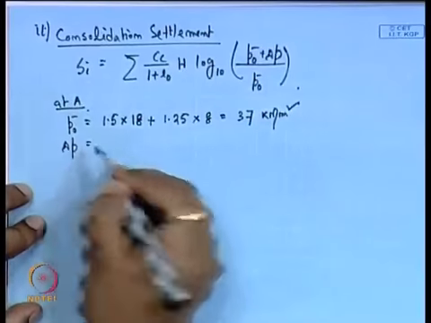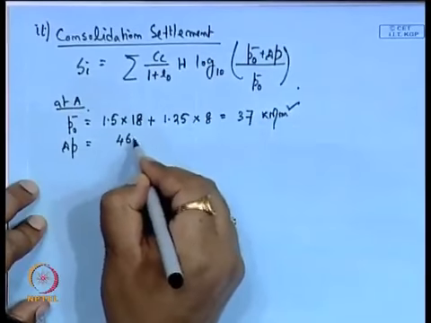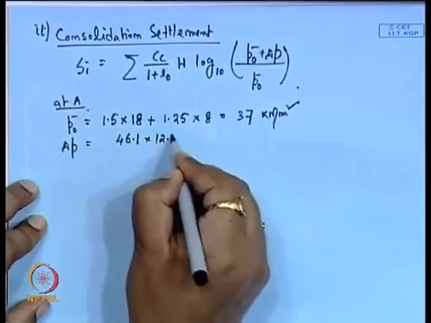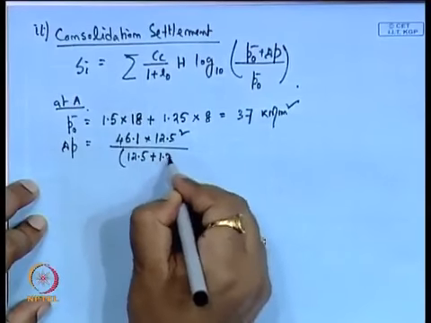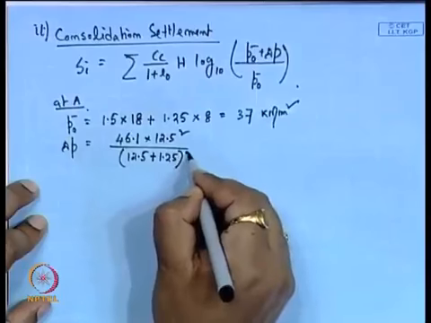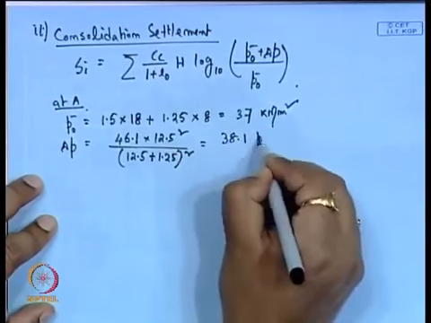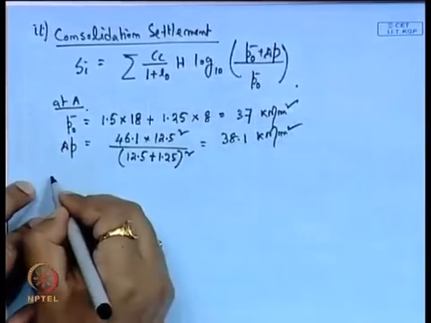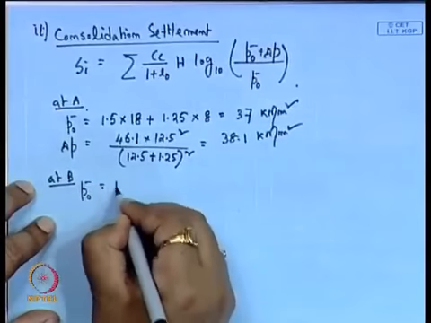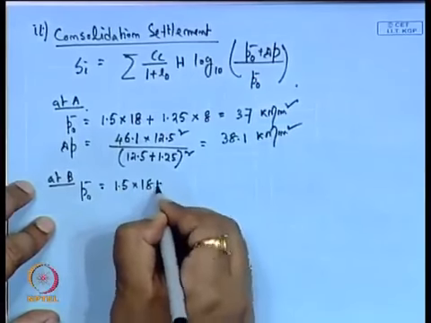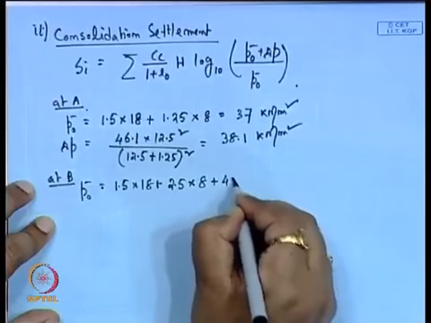Similarly, for del P we are considering 2:1 distribution. So 46.1 into 12.5 whole square divided by 12.5 plus 1.25 whole square, because this is a square footing. So this is 38.1 kilonewton per meter square. Similarly, at B, P0 bar is 1.5 into 18 plus 2.5 into 8 plus 4 into 8.